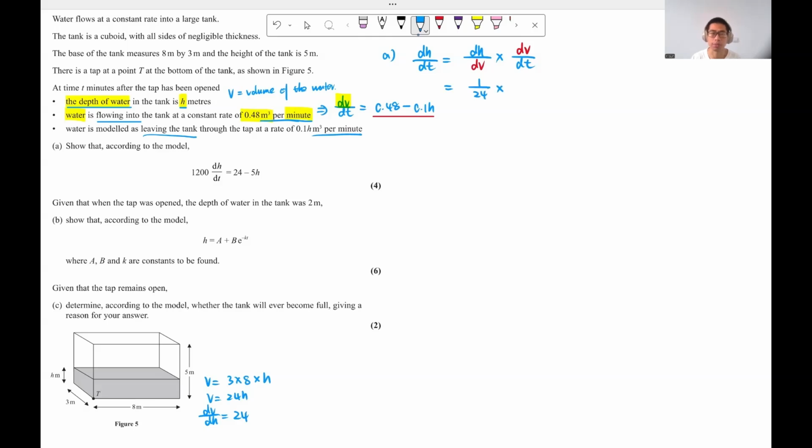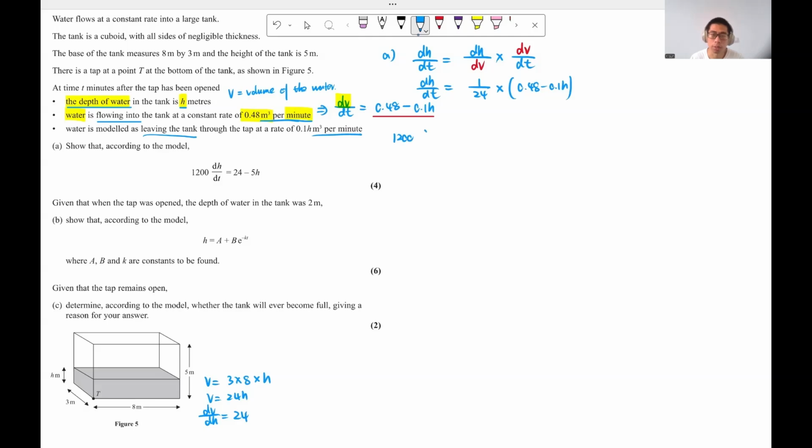And then times dV over dt, which is 0.48 minus 0.1 h. So that's what dH over dt is equal to. And what the question wants is 1200 dH over dt. So we just times by 1200.